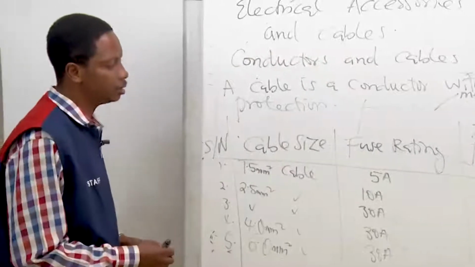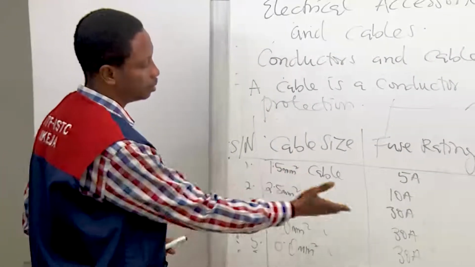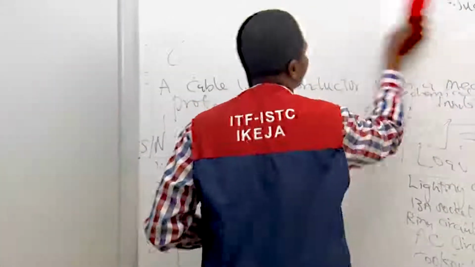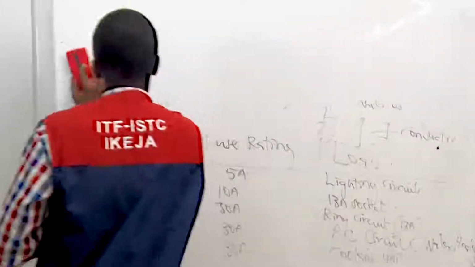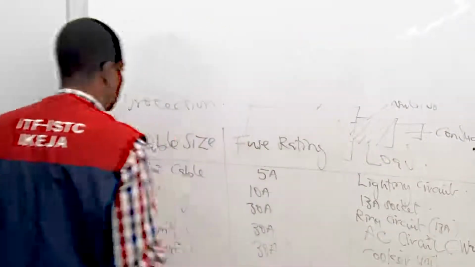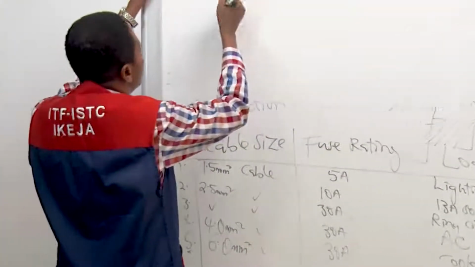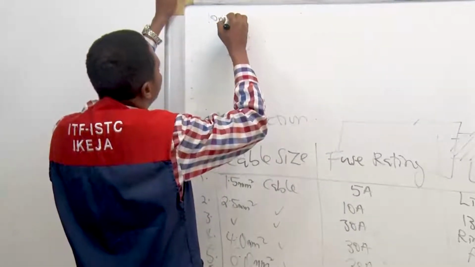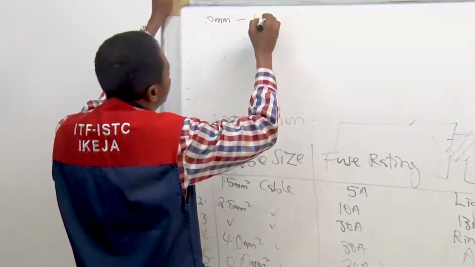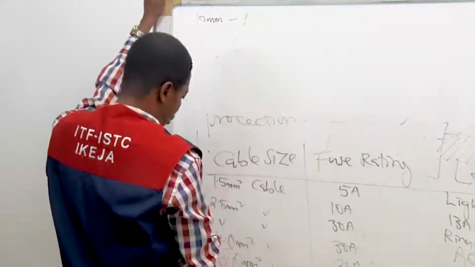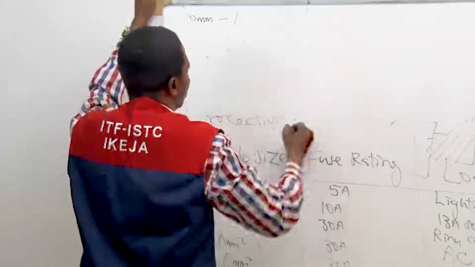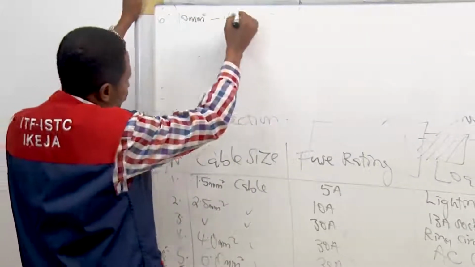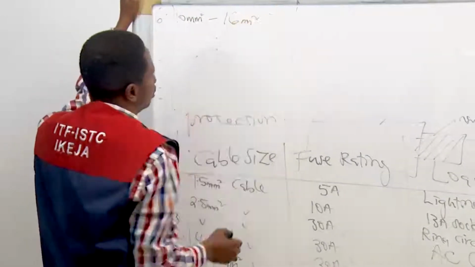Now, these are the loads, and then please take note of what, when it comes to number 6, 10 mm square to 16 mm square cable.